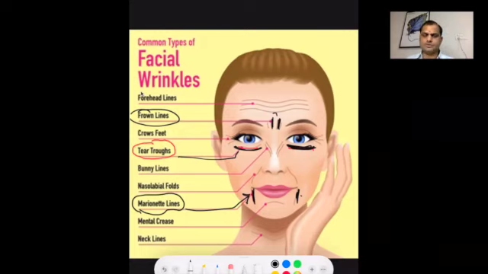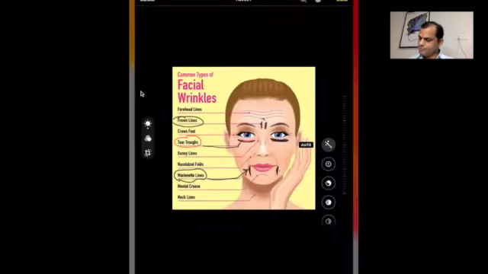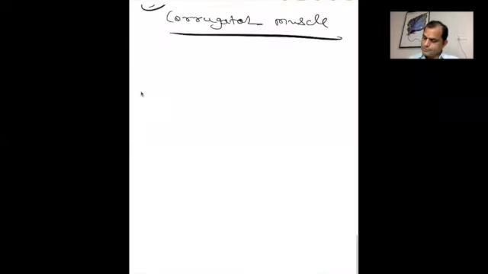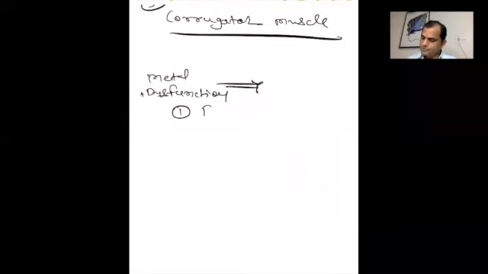Frown lines, marionette lines, tear lines are happening because of metal dysfunction. So metal dysfunction is responsible for, number one, frown.